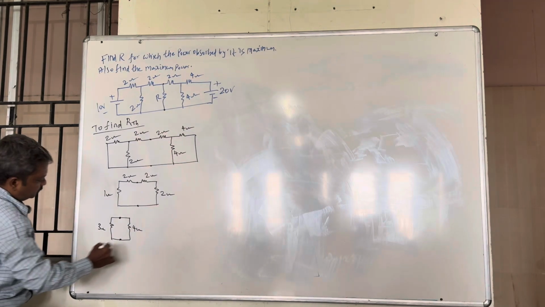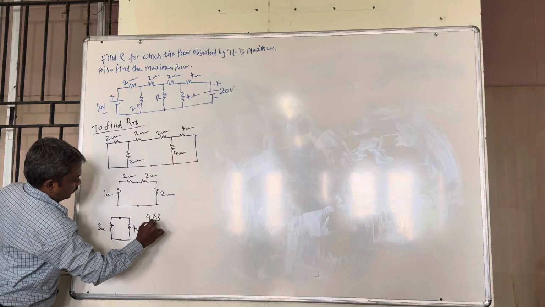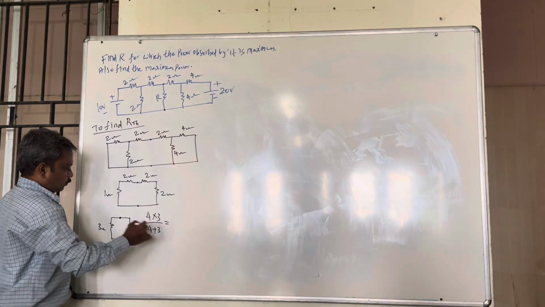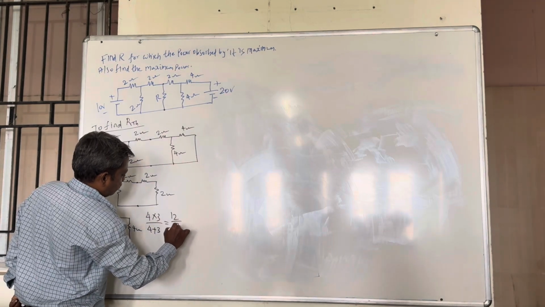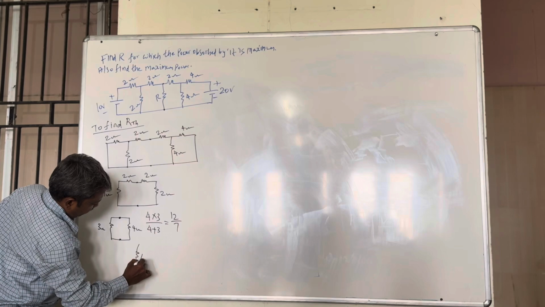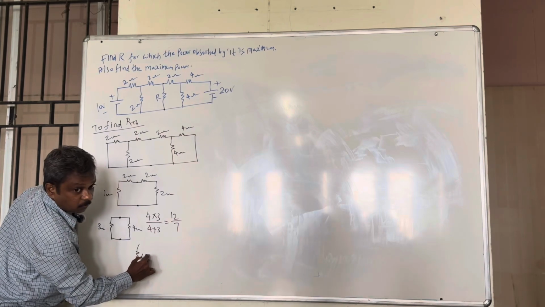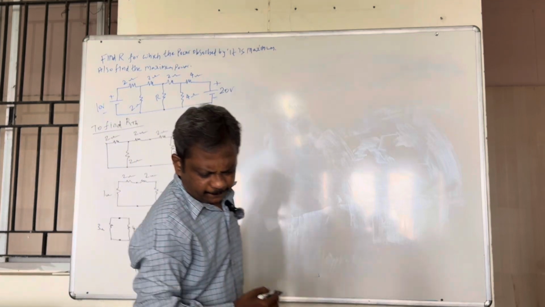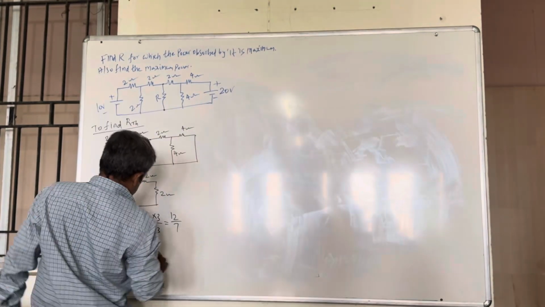Now the resistance 4 into 3 divided by 4 plus 3, 12 divided by 7, how much? 1.71, how much? 1.7143.